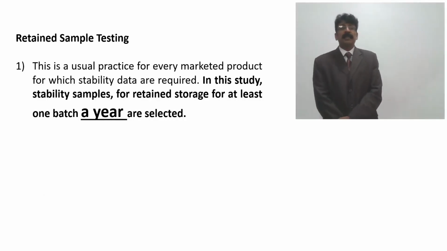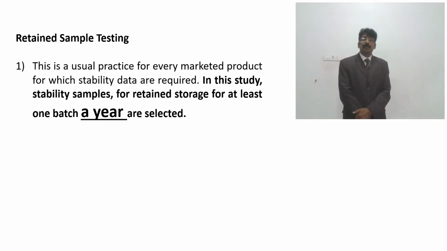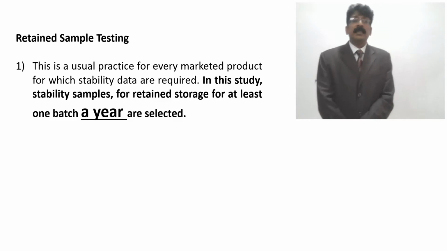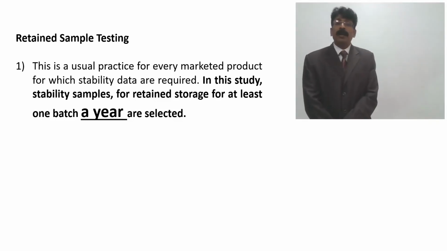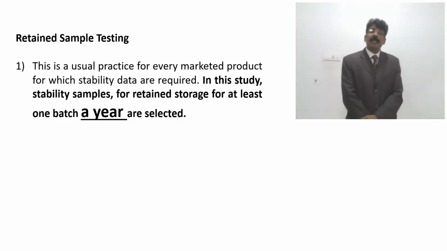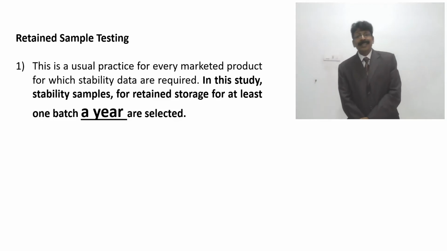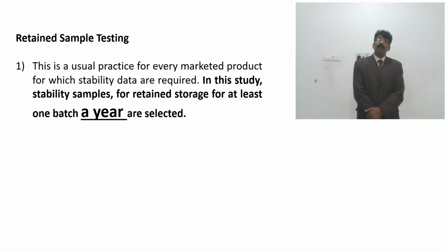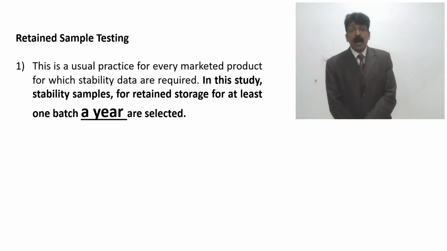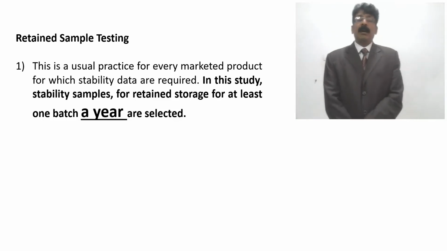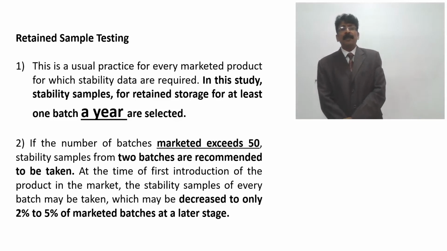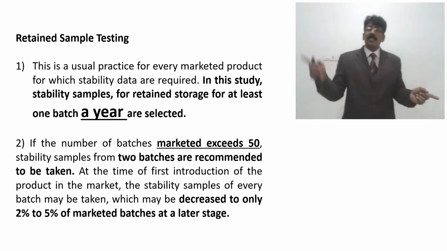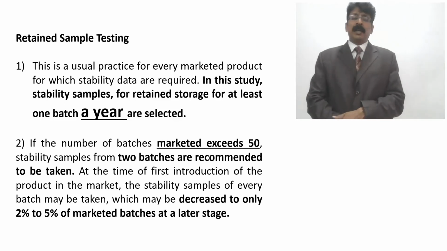And retained sample testing is usually practiced for every marketed product for which stability data are required. In this study, stability samples are retained in storage, and at least one batch a year is selected. If the number of batches marketed exceeds 50, stability samples of 2 batches are recommended.